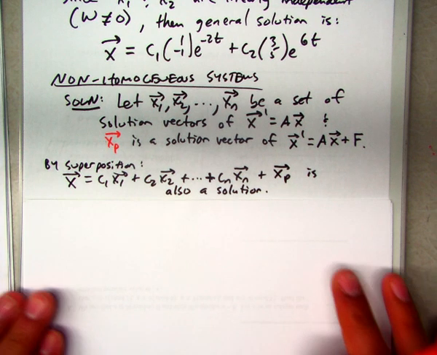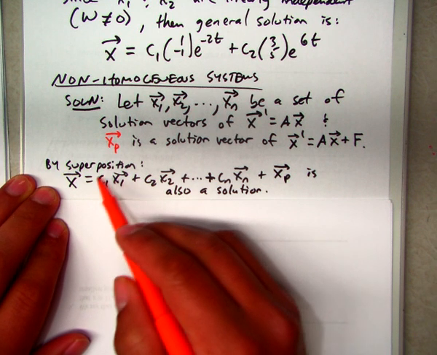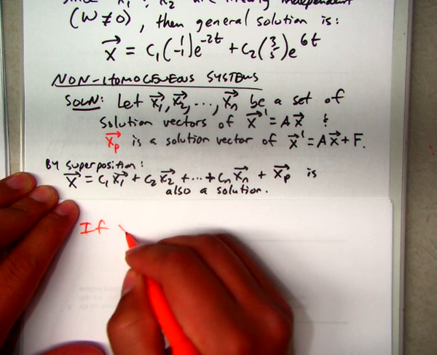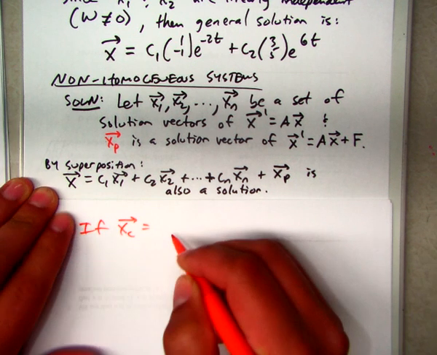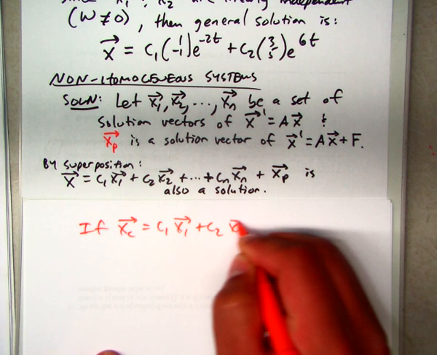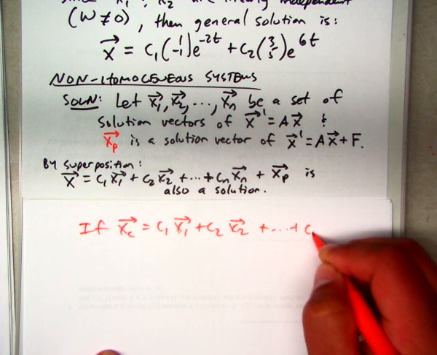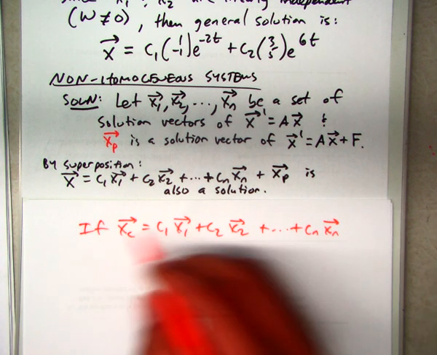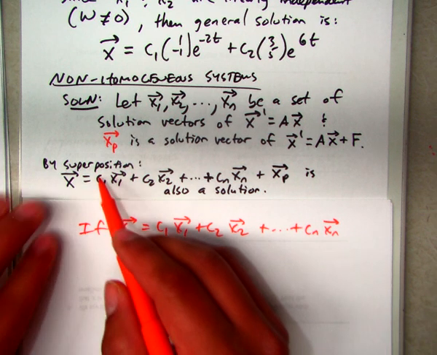And just like before, if we have x sub c equal to c1 x1 plus c2 x2 plus c sub n x sub n, so that's the complementary solution of the system.